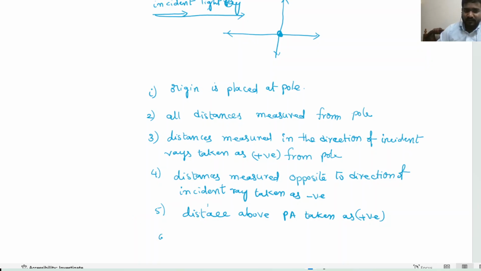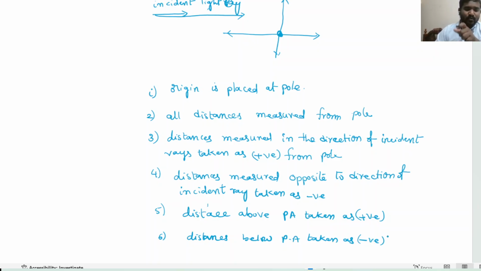Next, the last one, the sixth: distances below the principal axis are taken as negative. So these are all the basic sign conventions in ray optics. Not only in reflection, even in refraction the same sign conventions need to be followed.